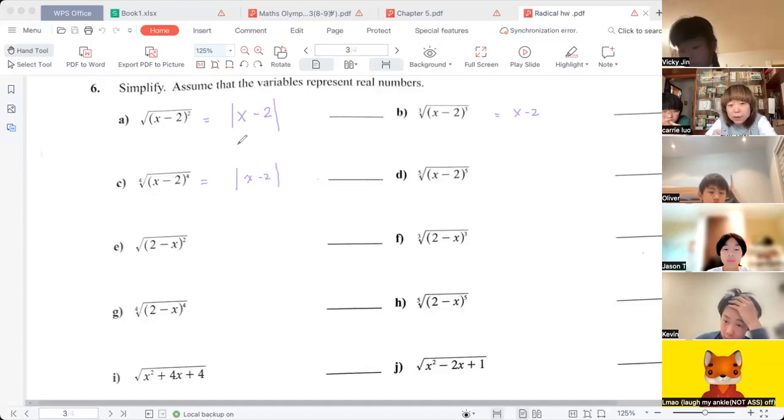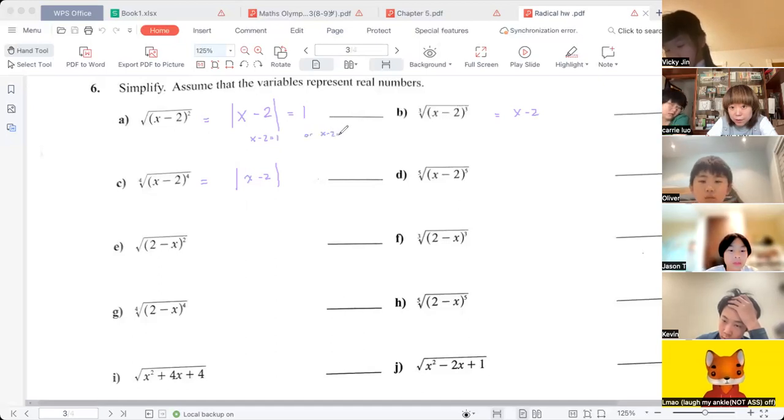Okay, so now let me ask you a question. If I tell you the absolute value of x minus 2 equals 1, what is the value of x? Would it be 3? It could be, but I want you to write it clearly, not just give me the answer directly. x minus 2 could equal 1 or x minus 2 could be negative 1.